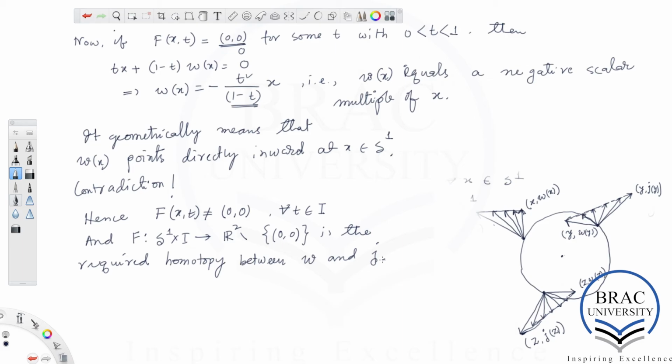So we proved earlier, using lemma 2, that W is null homotopic.